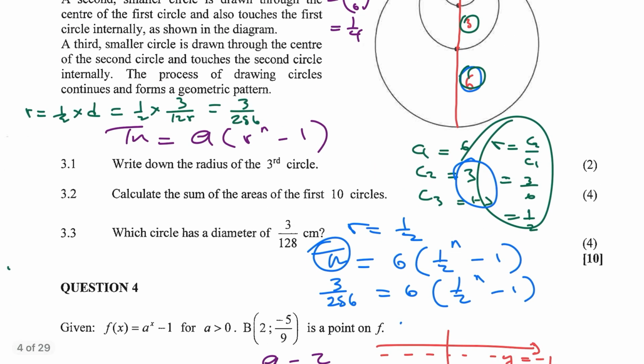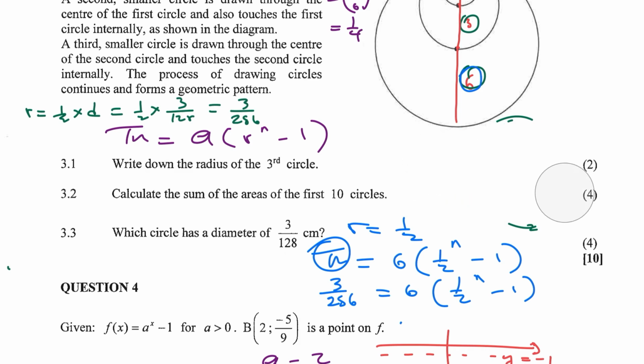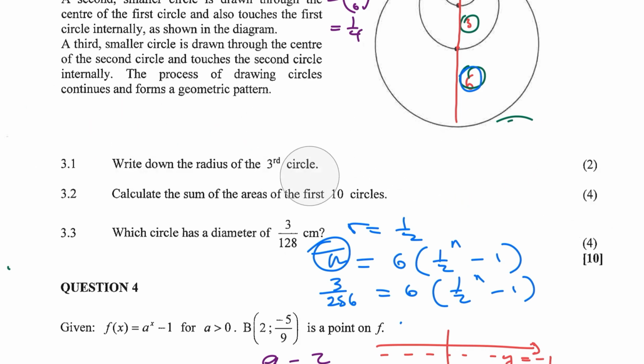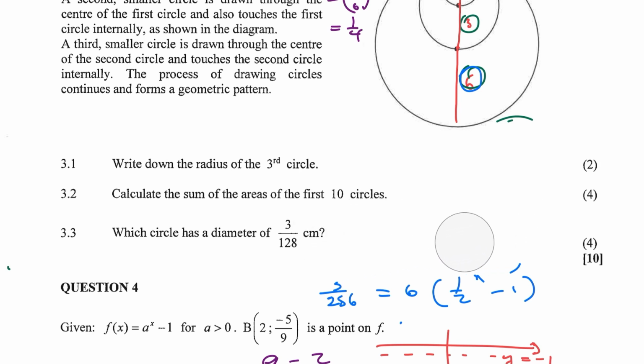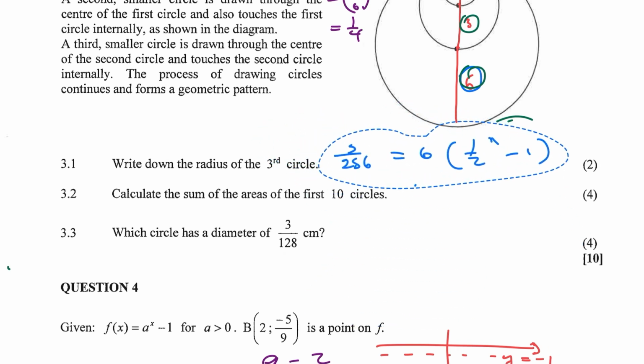So what I'm going to do is, just to make it easy for us, I'm going to take this off. And I'm going to take this off as well. Just remember this was 3; I'm trying to create space. So this is 3 over 256.